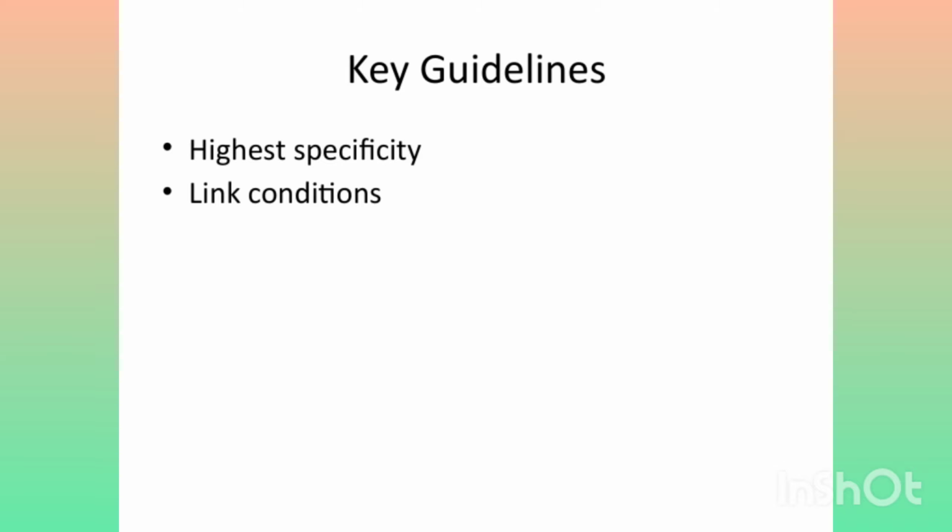Remember, the goal is to create strong, well-defined connections that support reliable decision-making. This approach ties back to the overall theme of building robust, trustworthy systems that can handle complex data effectively. So, always aim for the most specific link conditions you can identify. That's where the most meaningful insights come from.